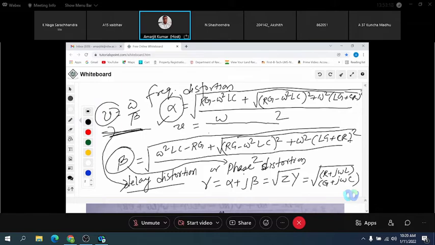Did you get it? If the term under the second radical, Rg minus omega square Lc whole square plus omega square Lg plus Cr whole square, is equal to omega square Lc plus Rg whole square, then the delay distortion will be eliminated on the transmission line.